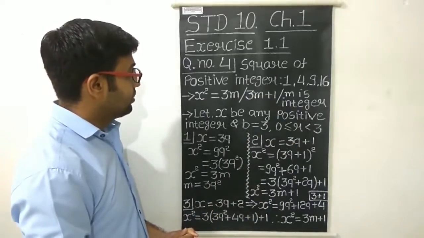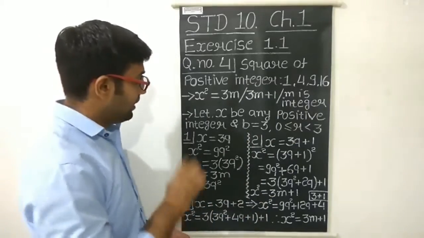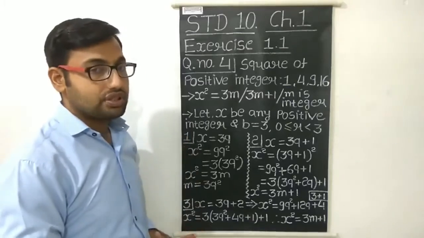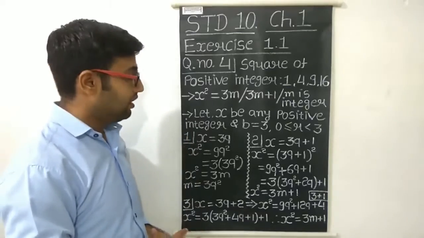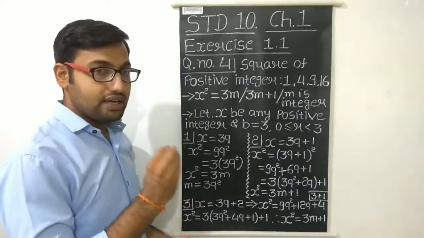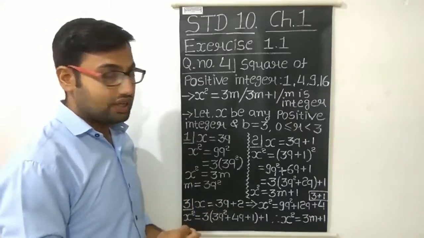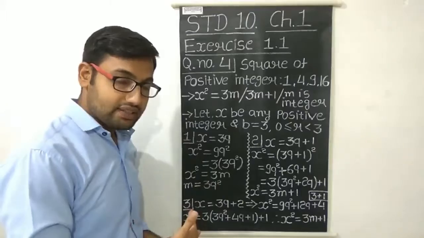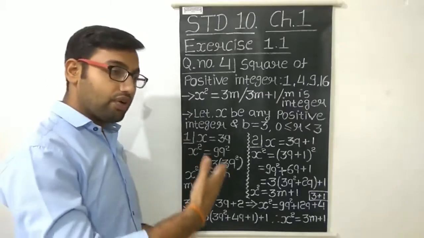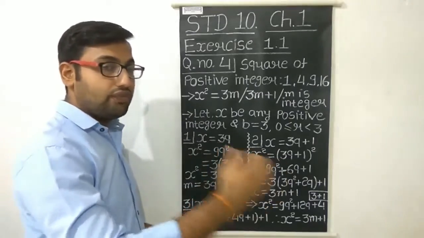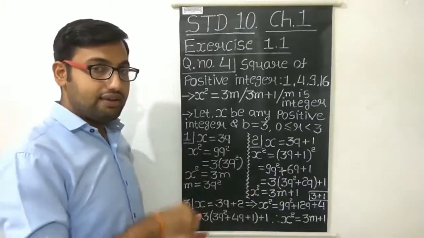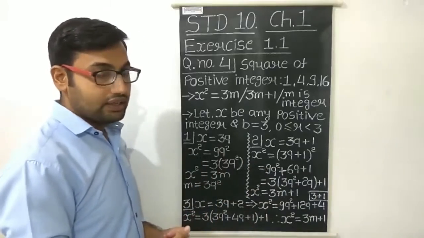Okay, so let us suppose that x is any positive integer. We have taken x as any positive integer, which means the value of x is from 1 to infinity. x can contain any value from 1 to infinity, right?